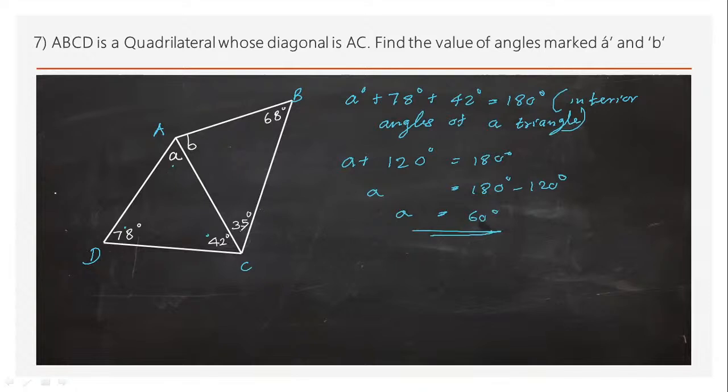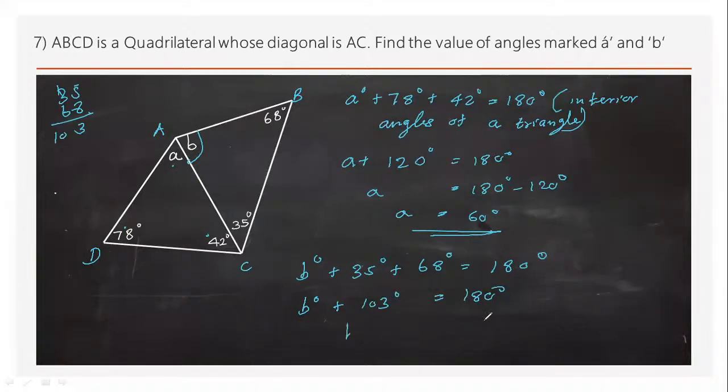Now you can see another triangle. When we bisect this quadrilateral, we can see two triangles. One is ADC and the other one is ACB. So you can find this B. B plus 35 plus 68. These interior angles also add up to 180. B plus 35 and 68: 8 and 5 is 13, 1 remainder, 4 and 1 is 16, so 103 equals 180.